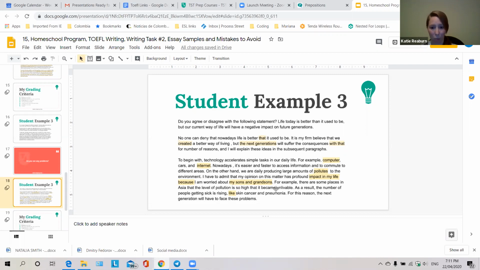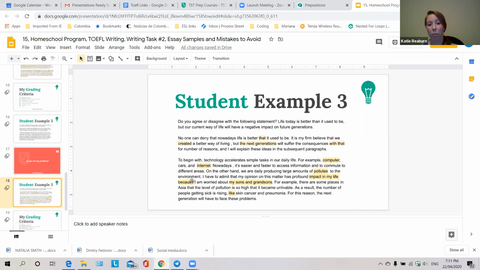Watch out for it. Now, this one, I think, is not so much grammar, but about being appropriate. Like is a little too relaxed. I would prefer you to write here, such as skin cancer and pneumonia. With because I think we can use, but we don't want to overuse it.